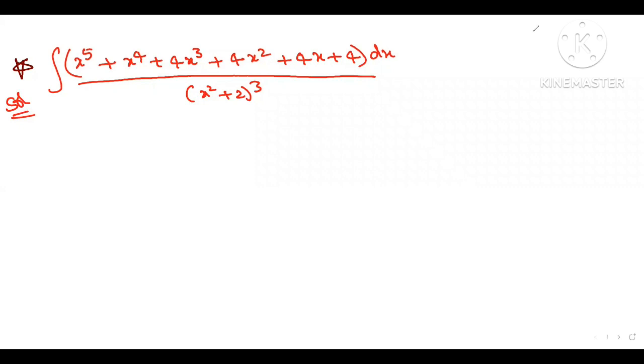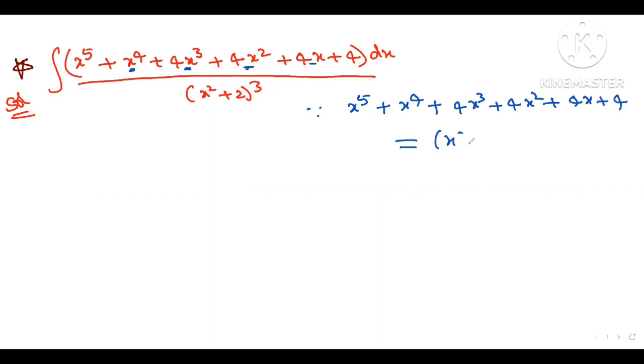Then next I am going to explain the integral of (x to the power 5 plus x to the power 4 plus 4x cube plus 4x square plus 4x plus 4) dx by (x square plus 2) whole cube. Okay, x to the power 5 plus x to the power 4 plus 4x cube plus 4x square plus 4x plus 4 can be written as (x square plus 2) whole square into (x plus 1).